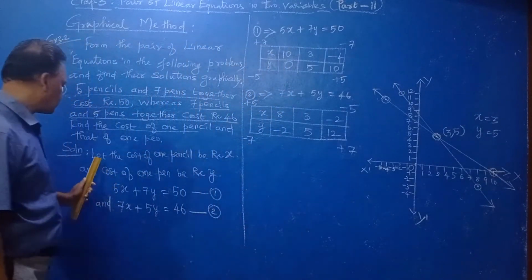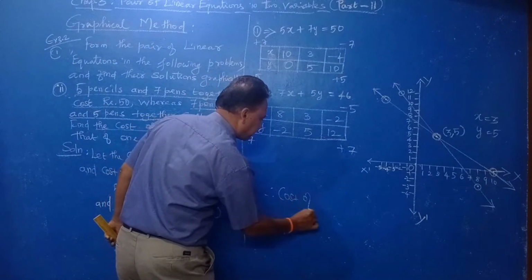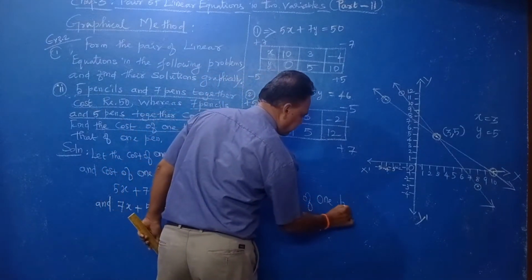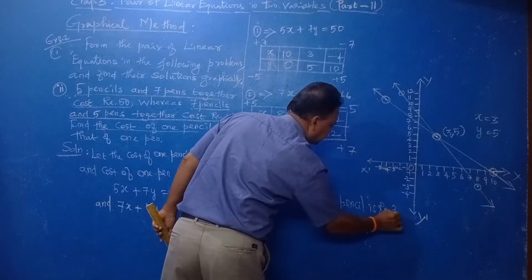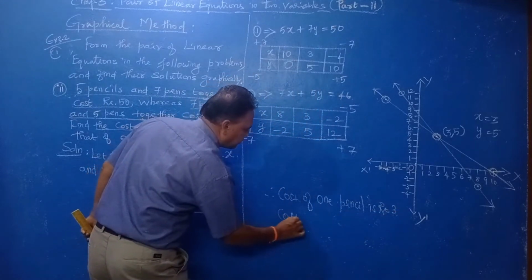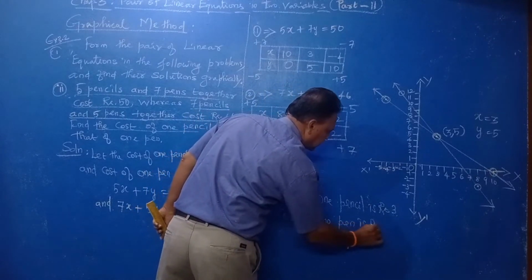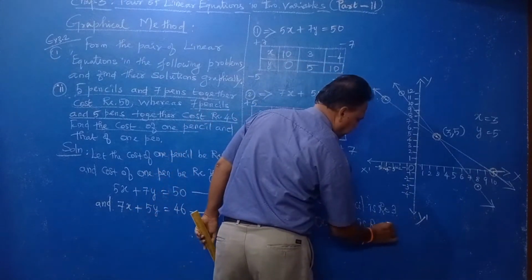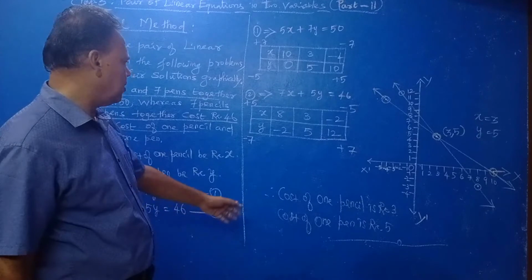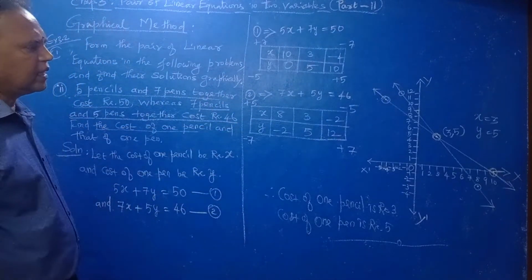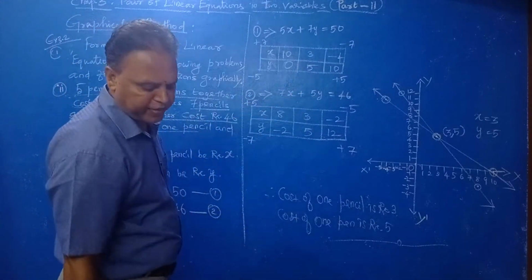Therefore, our assumption, the cost of one pencil is rupees 3, and the cost of one pen is rupees 5. So like this we can easily solve by the graphical method. Understand? So you remember this method, a very simple way you can find out the solutions.